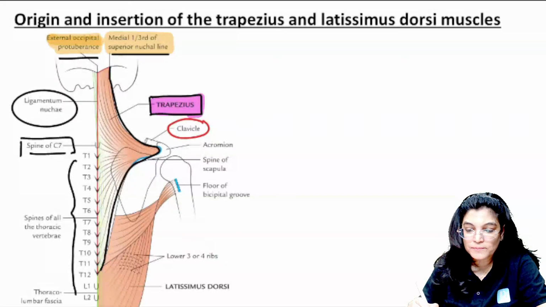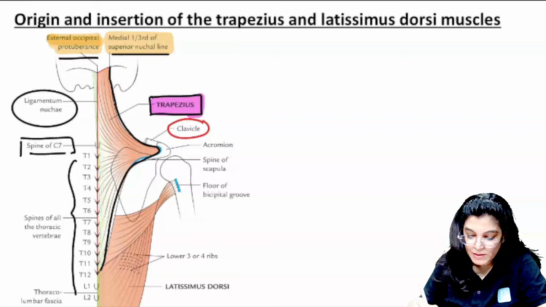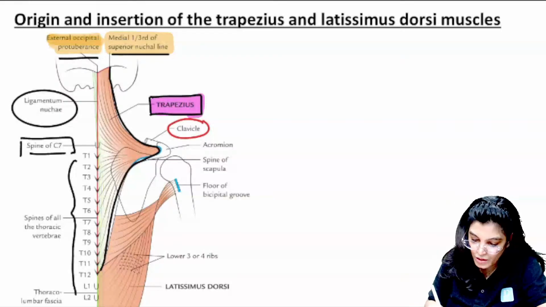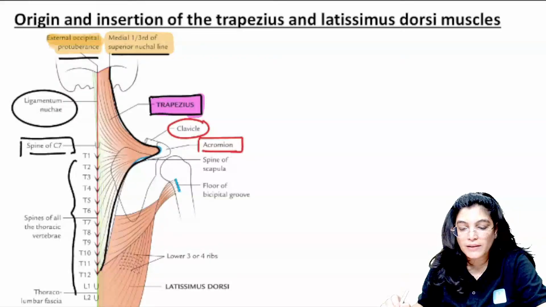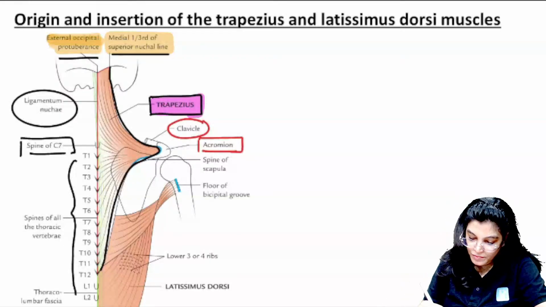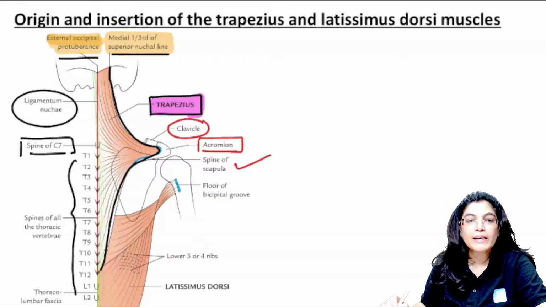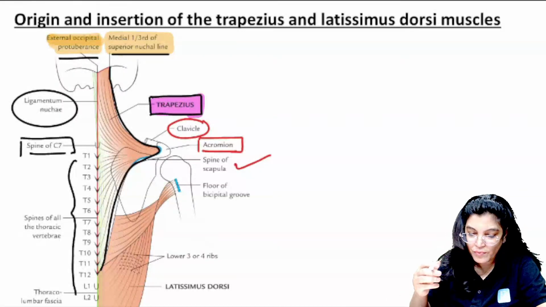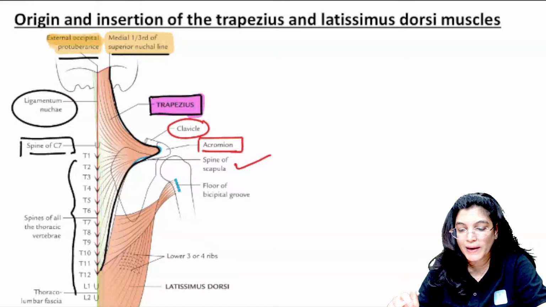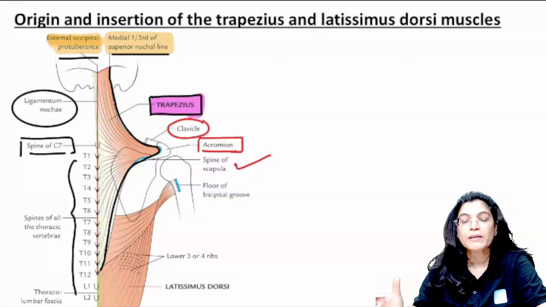Then coming to the acromial process of the scapula, and to the upper lip of the crest of the spine of scapula, and the lower fibers. The lower fibers will be inserting into the deltoid tubercle. Actually, the deltoid tubercle is found in the spine of scapula at the junction of the medial and middle third of the spine.